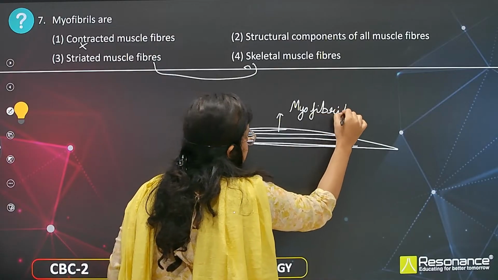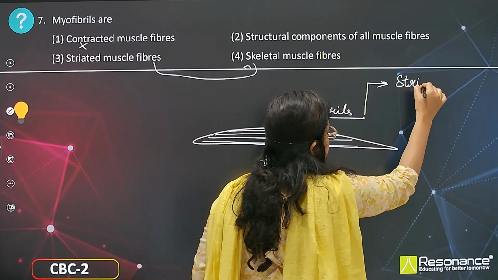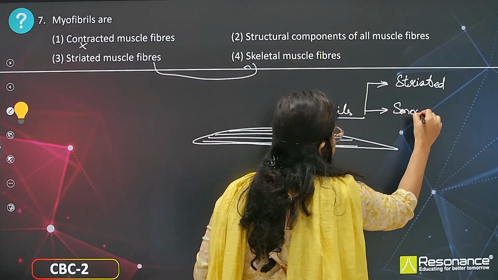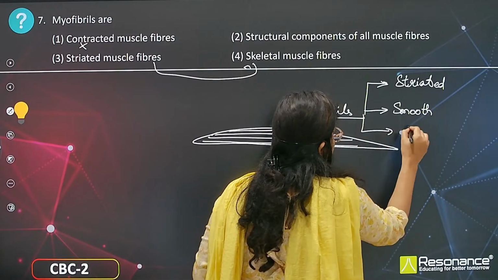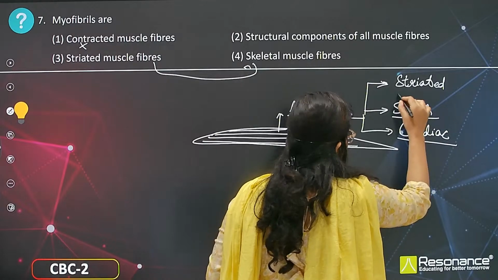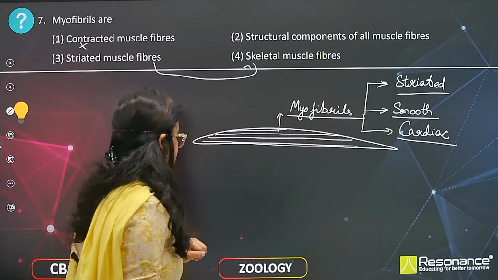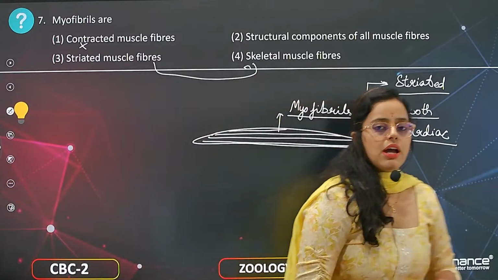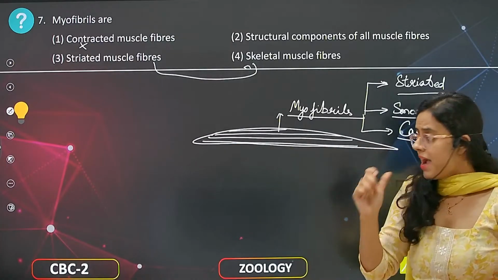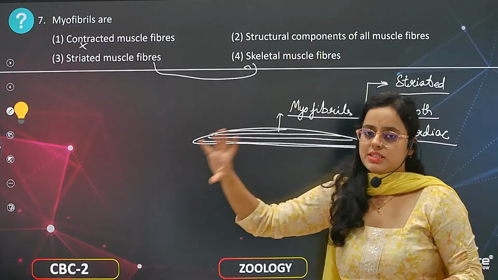These myofibrils are present in all types of cells, that is striated, smooth muscles consist of myofibrils, and cardiac muscles also consist of myofibrils. These myofibrils are made up of actin and myosin that you are going to learn in your advanced classes. So here you have understood about myofibrils. These are thin and minute fibers which are present throughout the muscle fiber or muscle cell.